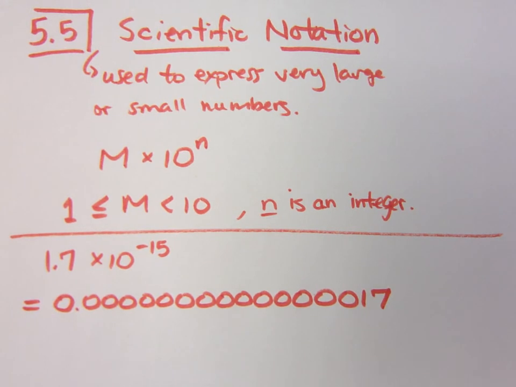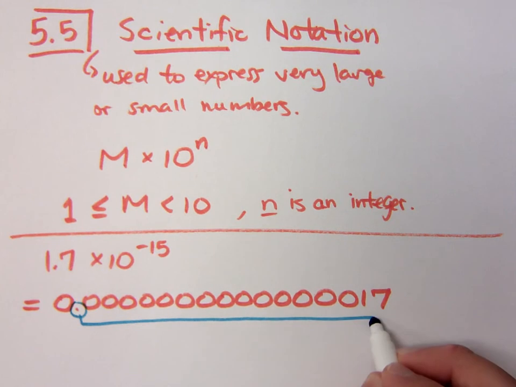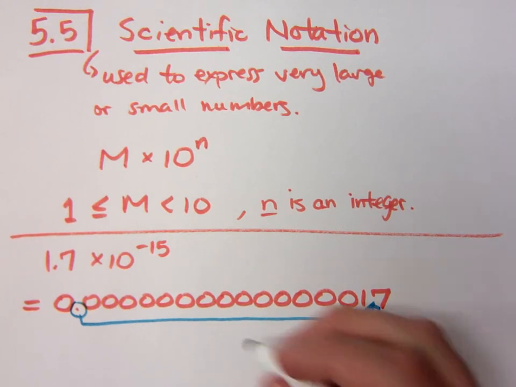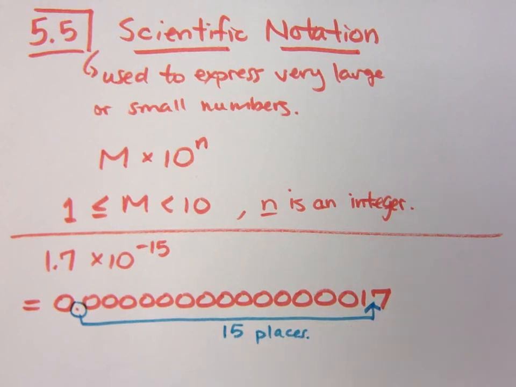Oh, you weren't keeping track as I was writing the zeros? Now, my decimal is right here, but in the original number it was right here. How many decimal places do you think that is? That's 15 decimal places. Okay.